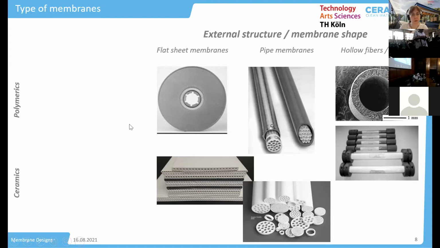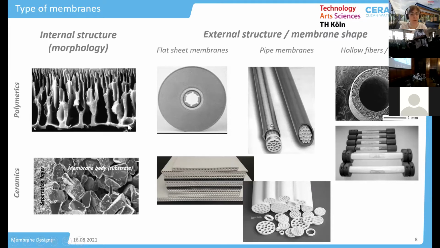When we go into the internal structure and morphology of such a membrane, you see here's a core difference of polymerics and ceramics. The polymerics are more or less finger-like, here is the active layer and here's the body of the membrane, finger-like structures with the pores going through this membrane where the water has the channels.